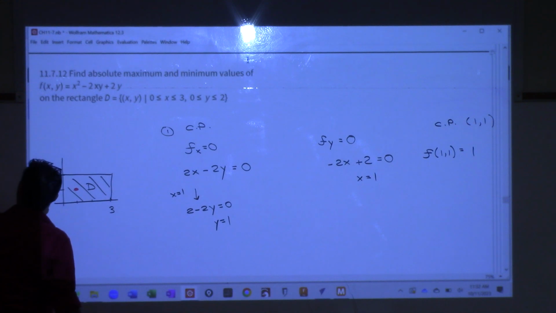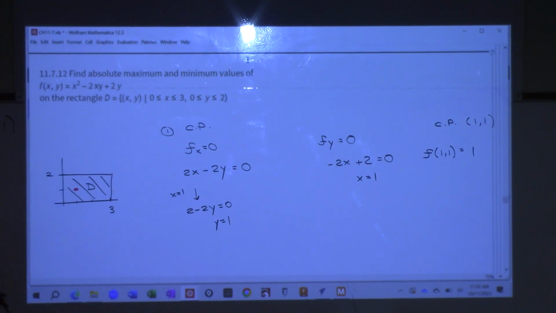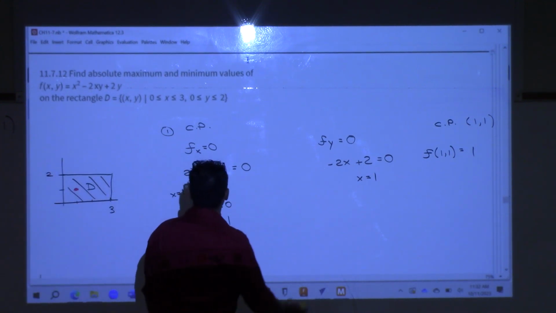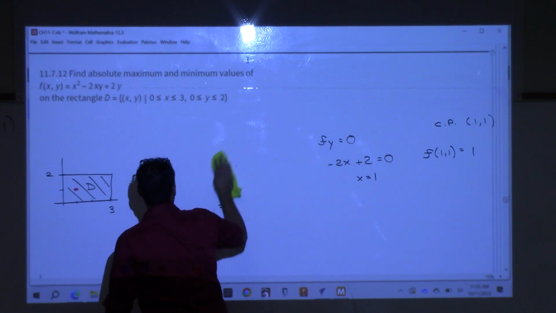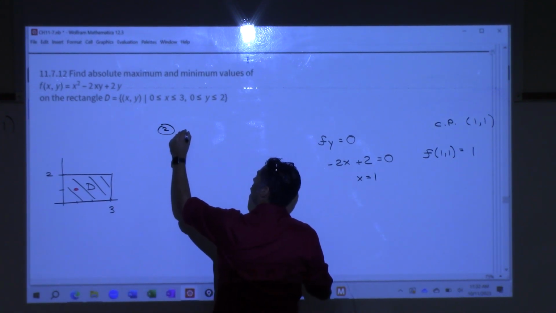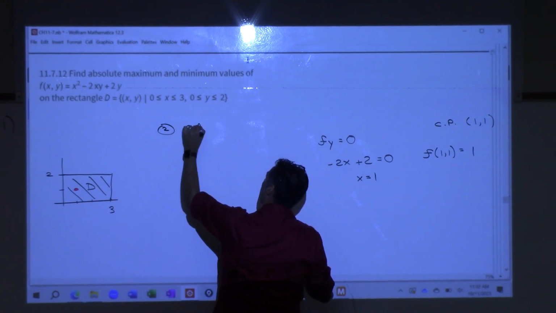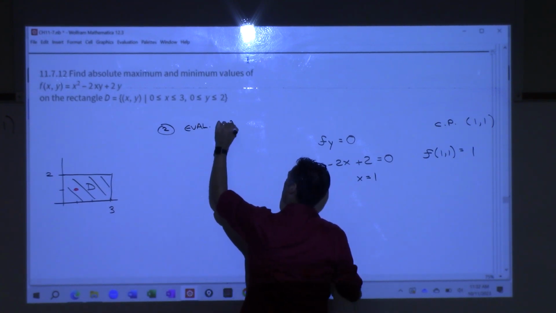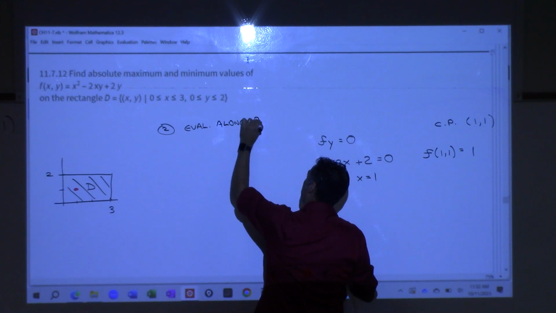If I have an absolute maximum, or minimum, it's either going to happen here or along the boundary, right? So far, we've got that to look at. Step 2, I want to go along the boundary. Okay, evaluate along the boundary.